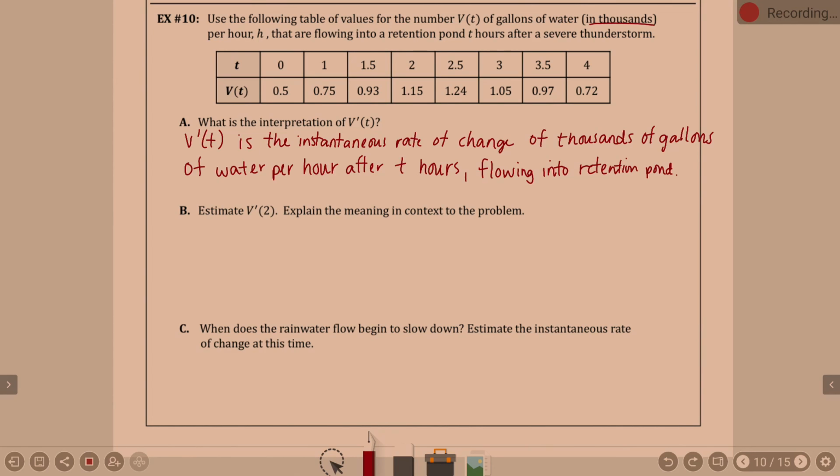Estimate V prime of 2. Options. How could I find V prime of 2? I'm looking at what my options are listed here.